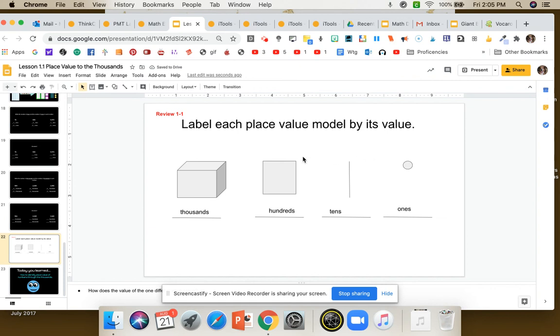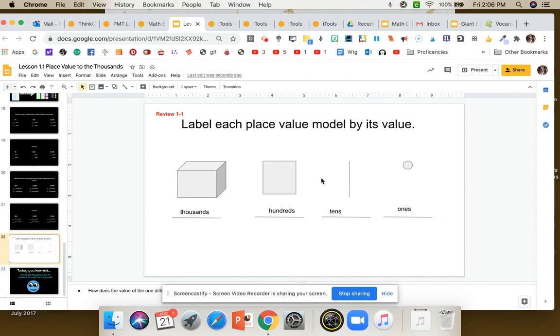So hopefully, after going through all that today, you can see the relationship between each of these place values. As we move to the left, we are increasing by 10. The tens place is 10 times as big as the ones.